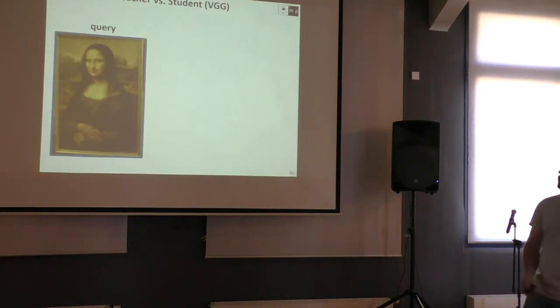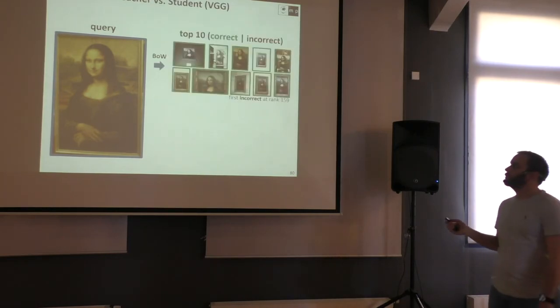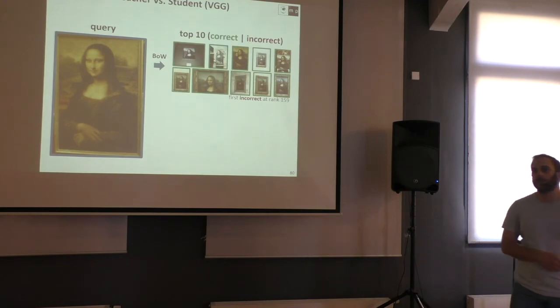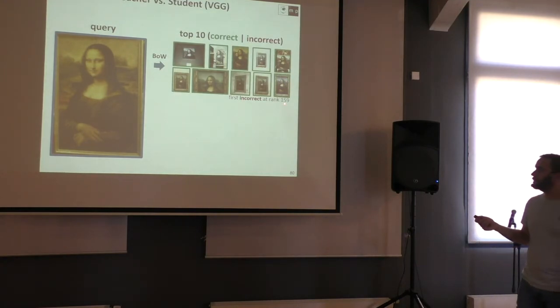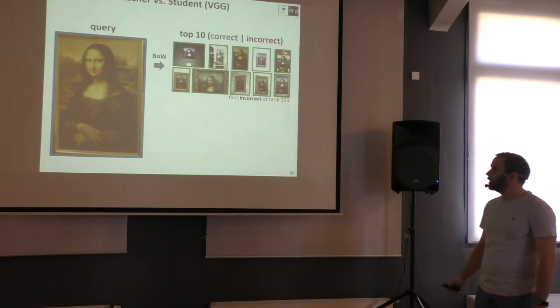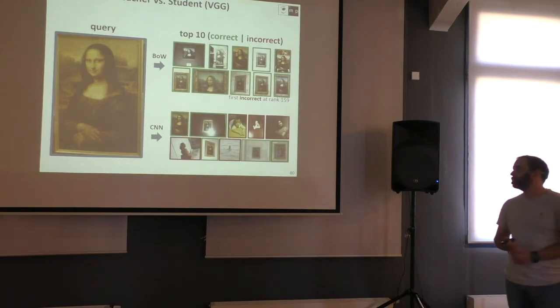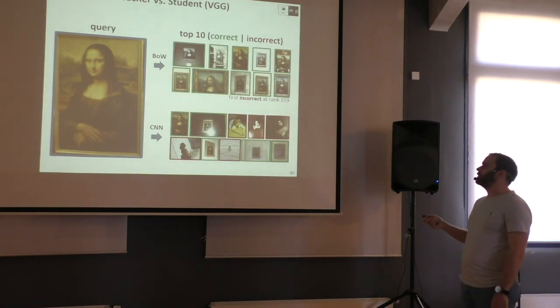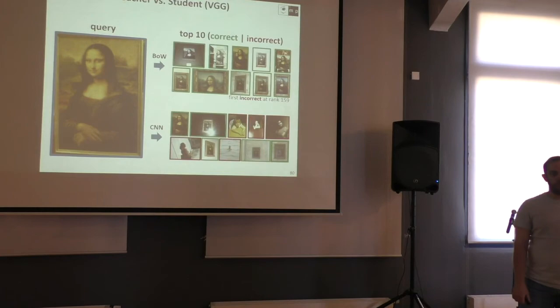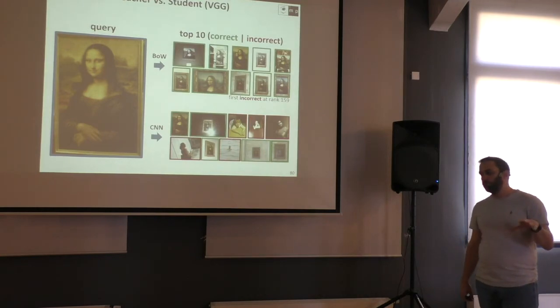The next problem is, for example, this. So everybody knows what this is. For local features, this is super easy to get. This is a painting that exists in our dataset many times. So again, the first incorrect is after the 159th rank. However, when we use CNN, we do get some good images, but we still get faces. And this is probably because, to initialize our learning, we use the network that was trained on classification.